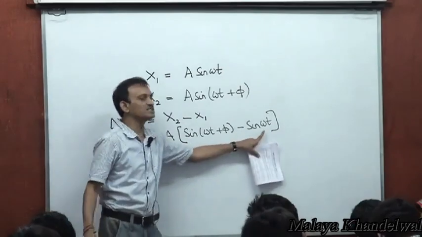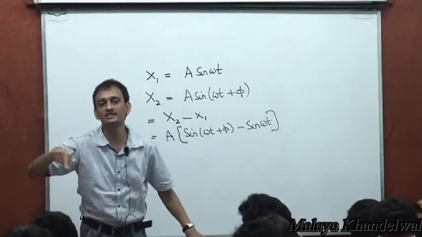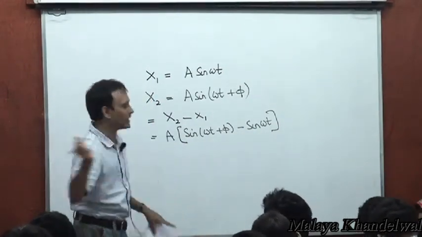So now we have sine c minus sine d, which is 2 sine c minus d by 2 cos c plus d by 2.